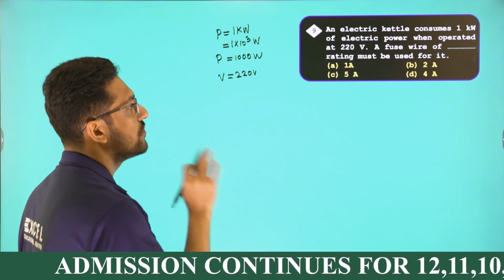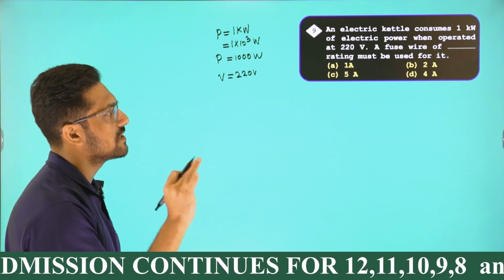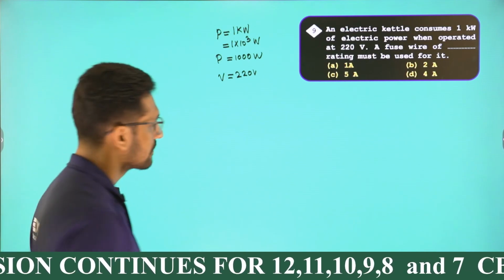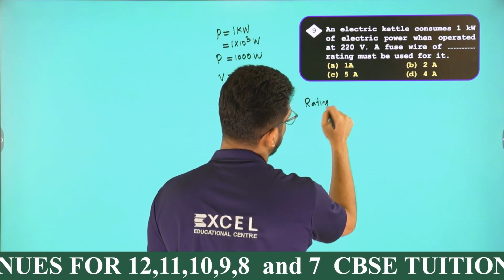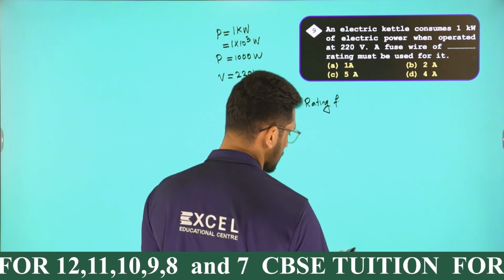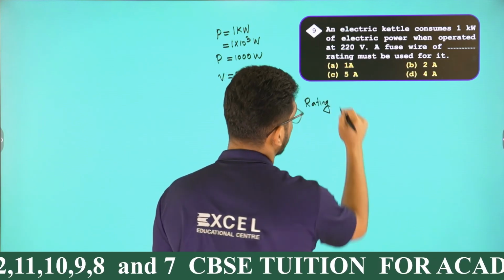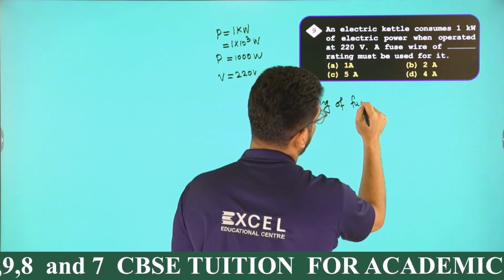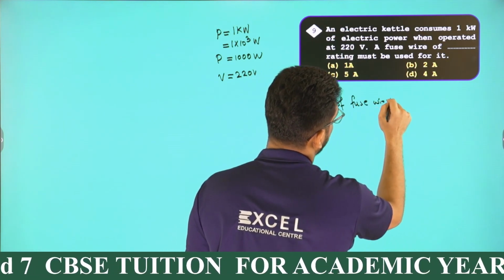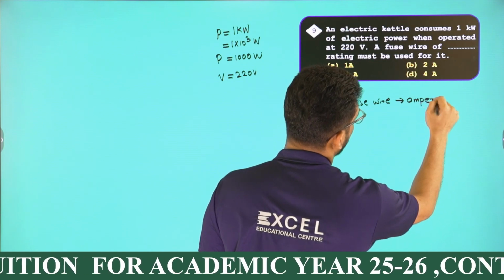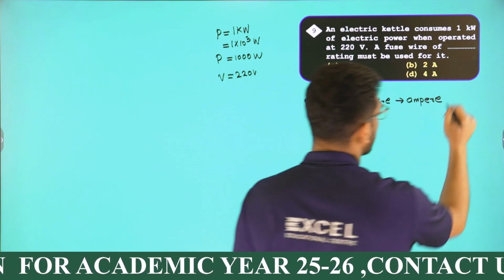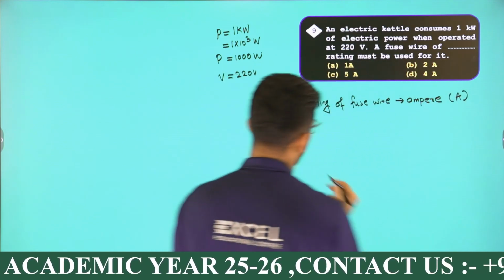A fuse wire of dash rating must be used for it. What is the rating of a fuse wire? The rating of a fuse wire is given in ampere. What is the meaning of that?